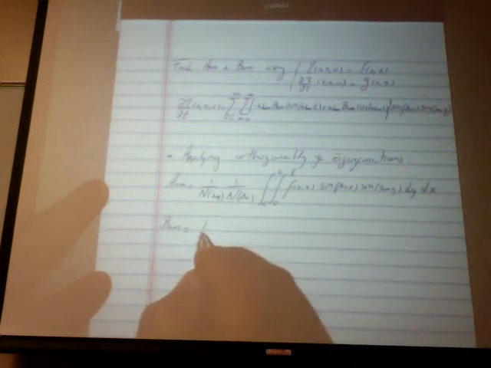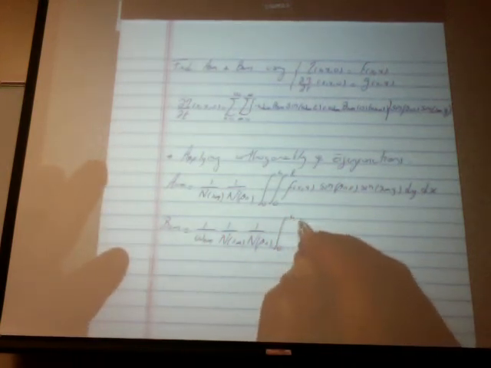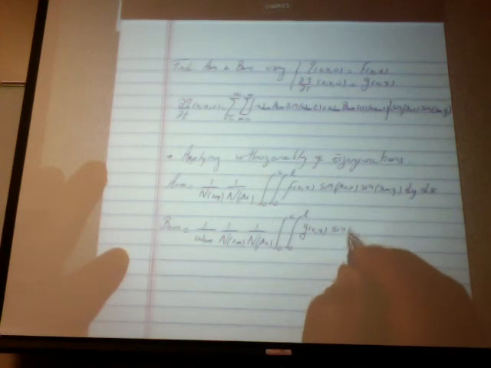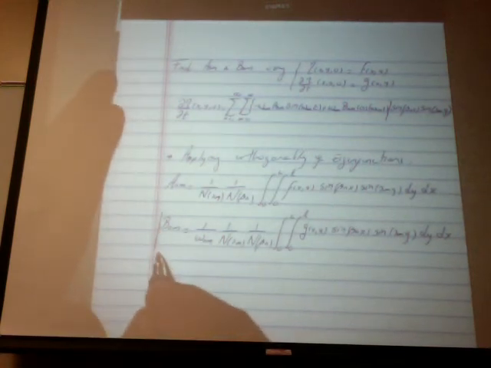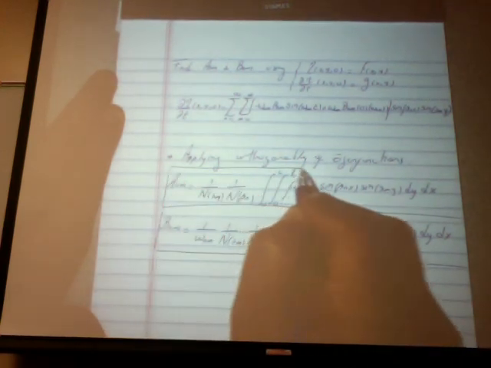And b nm, same thing, now we have 1 over omega nm, 1 over the norm of lambda m, 1 over the norm of beta n, times the integral from 0 to L, times the integral from 0 to L of g of x and y, times the sine of beta n x, sine of lambda m y, dy dx. That's it. Those are the two constants of integration.